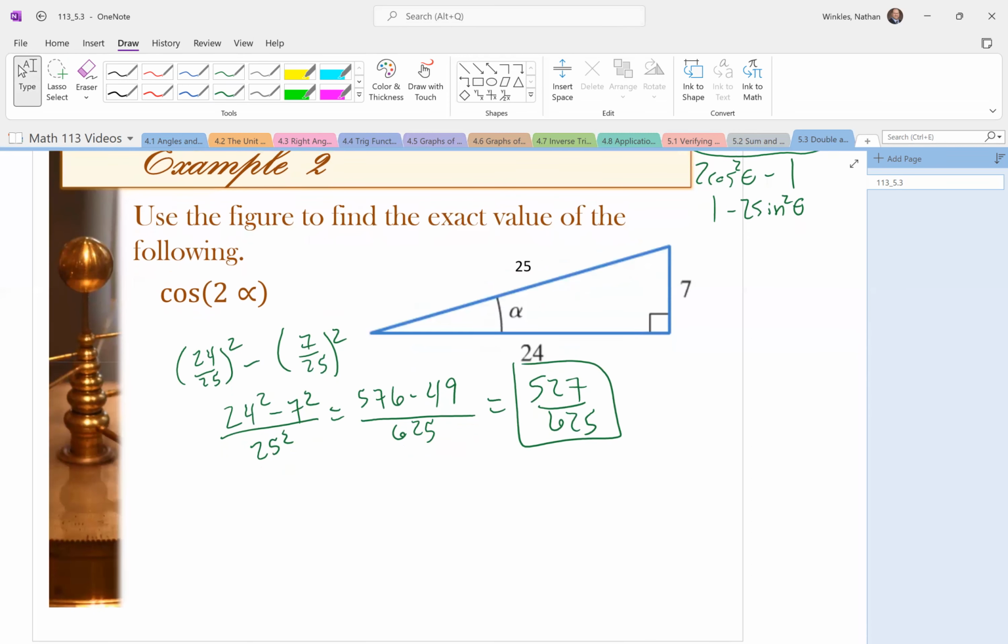So let's do the second case there: 2 times 24 over 25 all squared minus 1. So we end up with 2 times 576 over 625 minus 1.